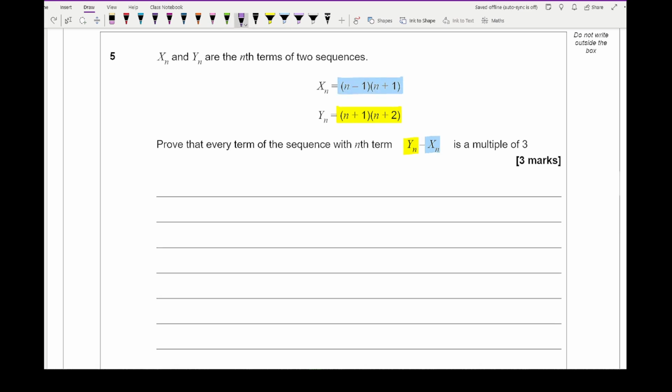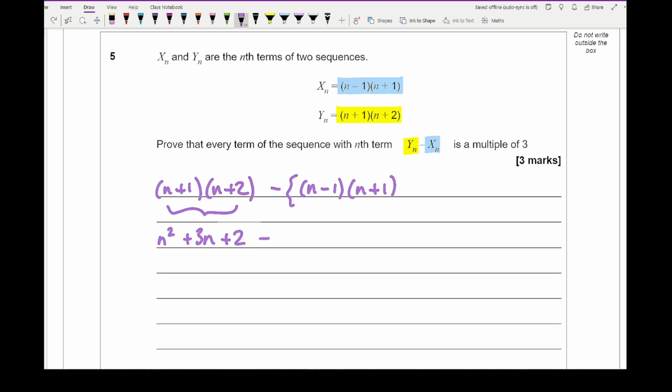And what we end up with is y_n, which is (n plus 1)(n plus 2), minus, and this is the important bit, put this second one in square brackets, so I've got (n minus 1)(n plus 1). Now if you do the multiplication correctly, we get n squared plus 3n plus 2 minus, and this is going to give me n squared minus 1.